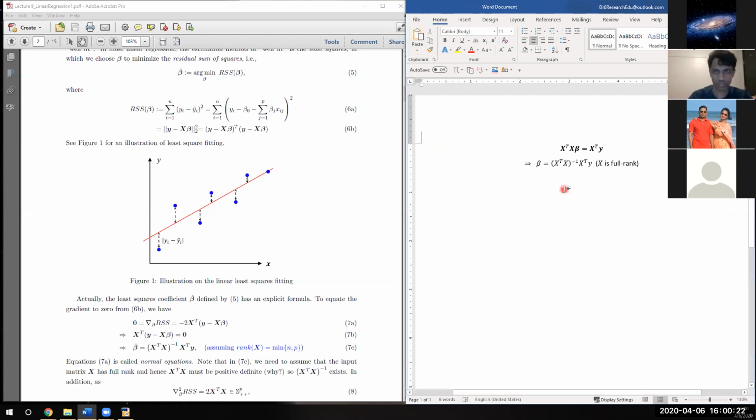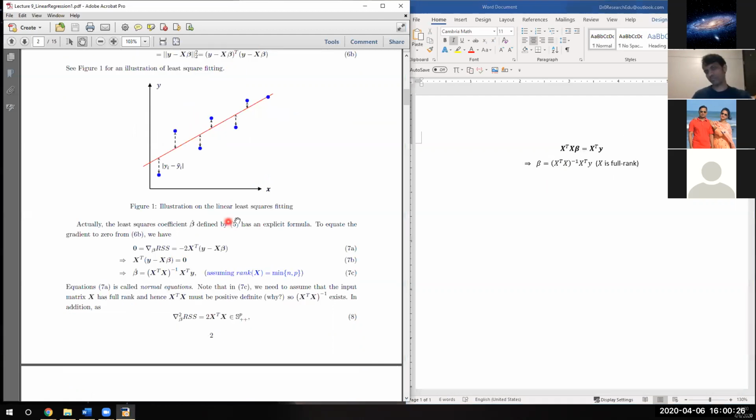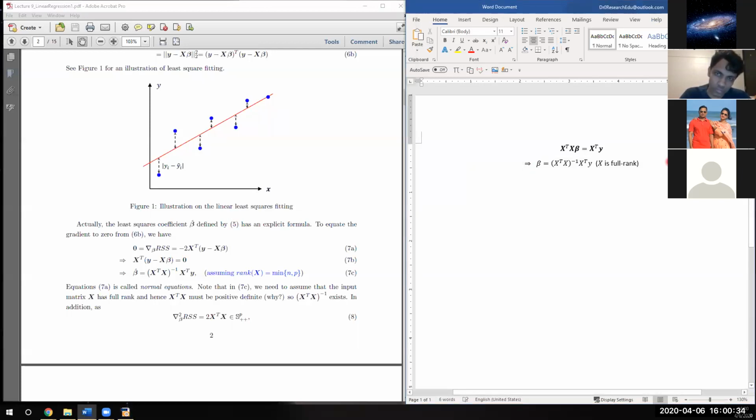Question: why, if X is full rank, must X^T X be invertible? Why? Can anyone show me a simple proof? Seriously? You guys should immediately tell me the answer within 5 seconds.